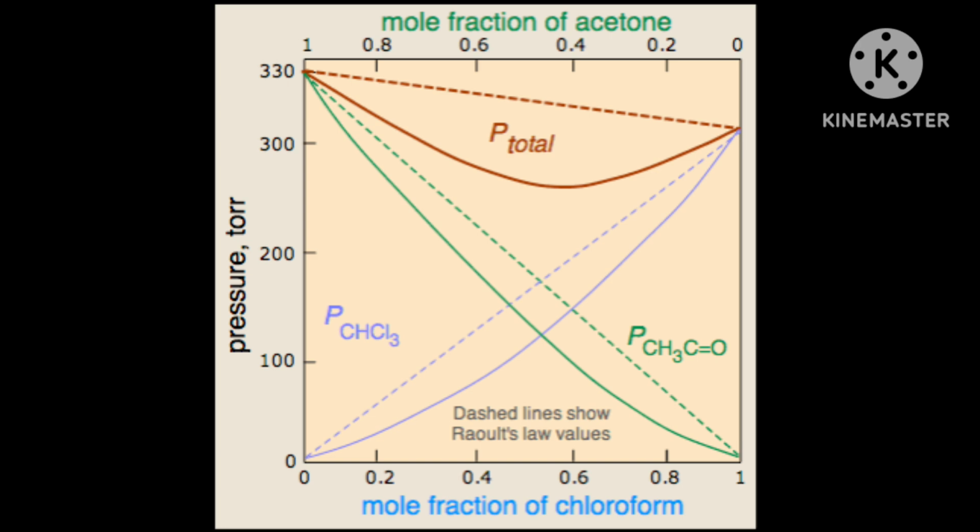Three examples I have told you. Benzene and toluene: also you will see the structure, benzene is C6H6 and the other is C6H5 with CH3 attached. And similarly normal hexane and normal heptane: only one carbon difference is there. Hexane means 6 and heptane means 7 carbon, almost the same.